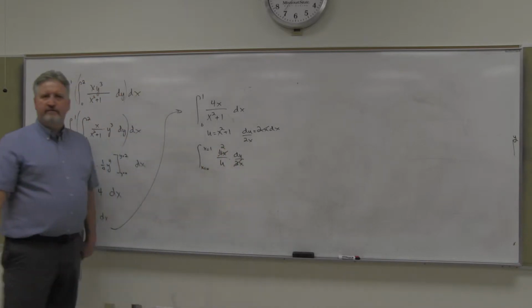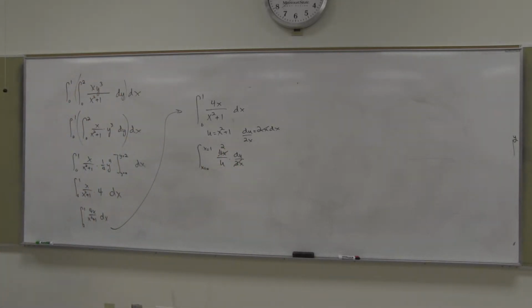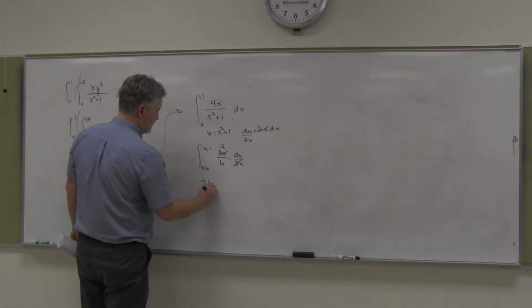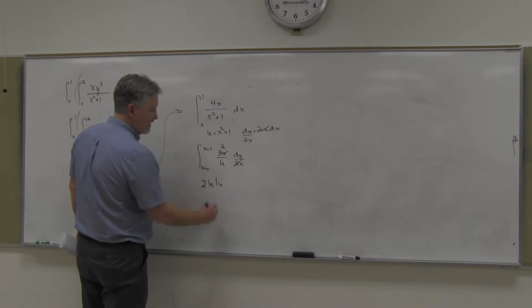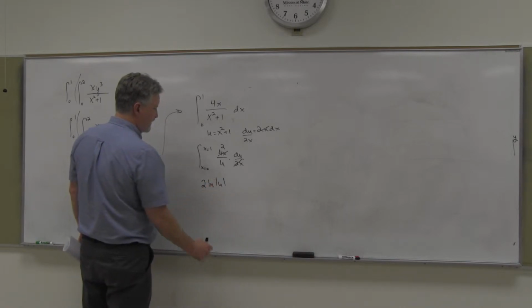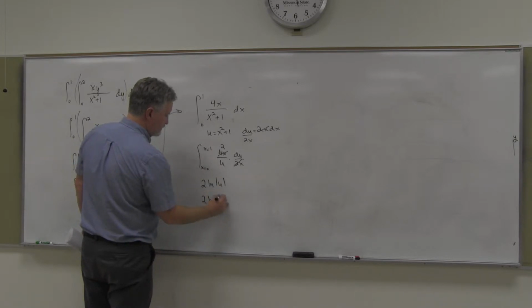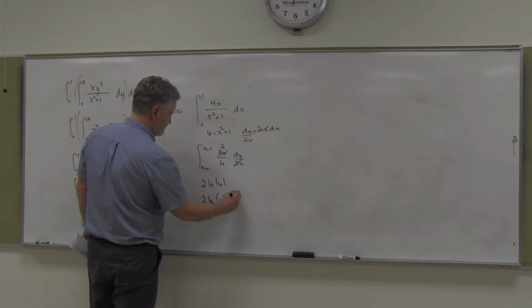It's just going to be 2 over u du, which, what's the antiderivative of 2 over u? 2 times the ln of u. It's technically the absolute value of u, but in this case they're both positive, so u is x squared plus 1. You don't really need the absolute values there because that's going to be positive anyway.